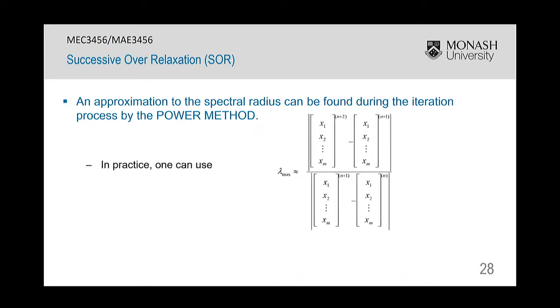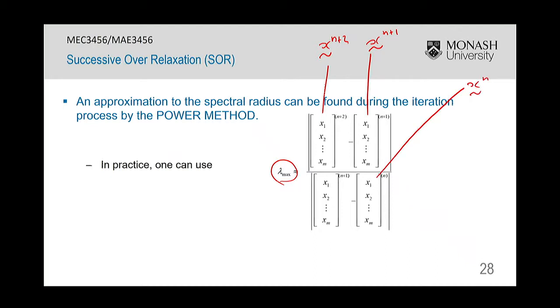So in practice, you can estimate the spectral radius, lambda max, using this expression here. This vector is our guess to the solution at iteration n plus 2. This is our guess to our solution at iteration n plus 1, and this one here is our guess to the solution at n.